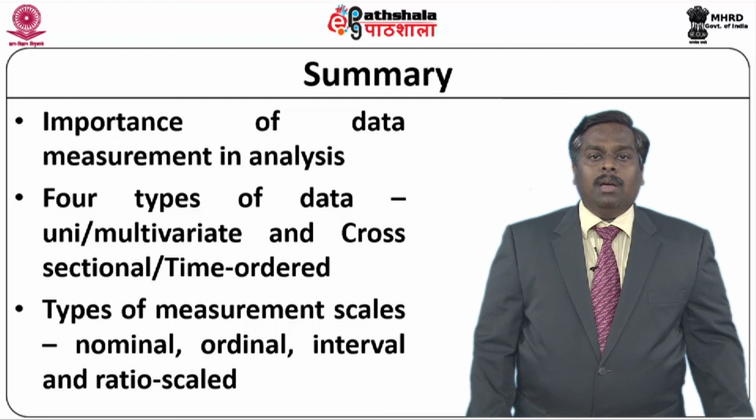Understanding the type of data is also very essential for analysis. And the last point that we discussed and analyzed is, we should know what type of measurement scales are there. According to the type of measurement, we need to identify what data we are handling, and accordingly a specific type of analysis needs to be taken into consideration.